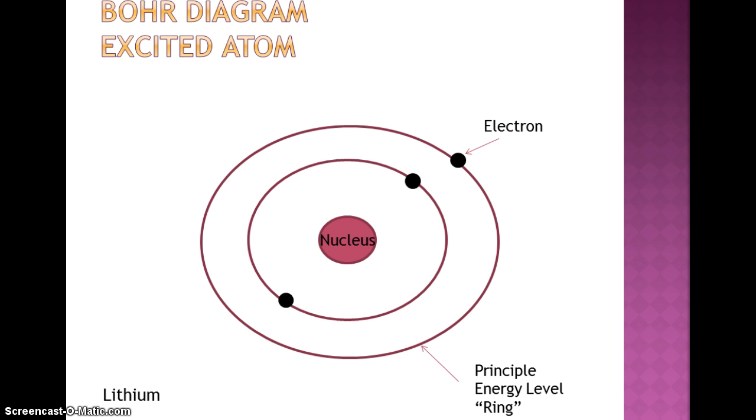Now what happens is energy gets put into the atom, and the atom will get excited. One of the electrons in the inner ring will jump up to the second ring, and this is what is known as excited. So again, we have the excited electron to our right, and where the electron used to be is what is known as a gap. The gap is where the electron used to be.